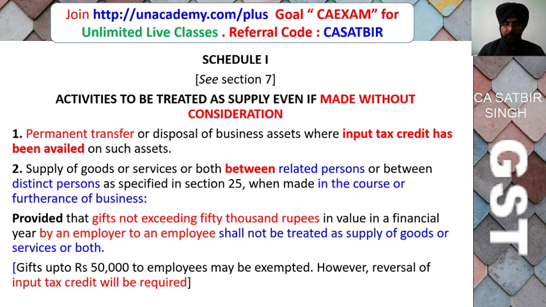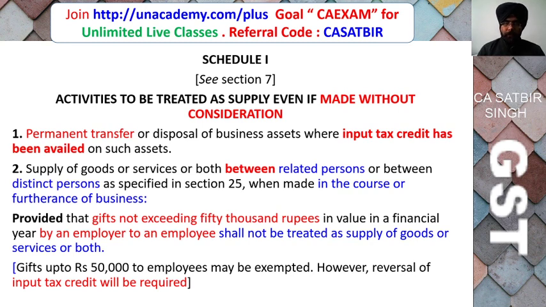Supply of goods or services or both between related persons or between distinct persons as specified in section 25, made in the course or furtherance of business. For example, the husband is also doing business and the wife is also doing business, so they are related persons as per the GST Act. Whenever they make supply to each other, although no price is charged for those goods or services, they are still required to pay GST.